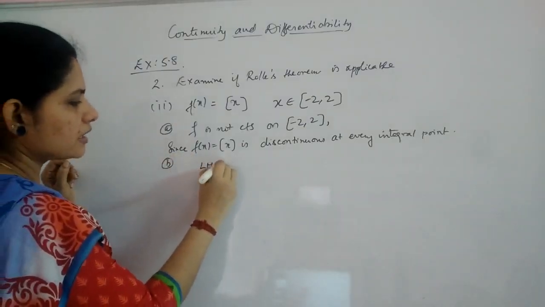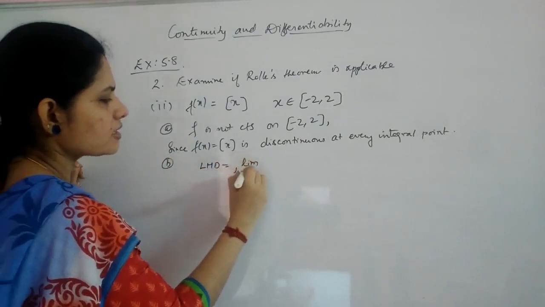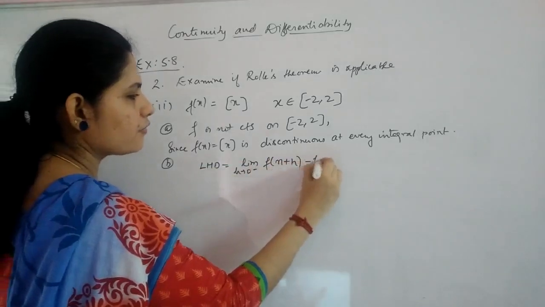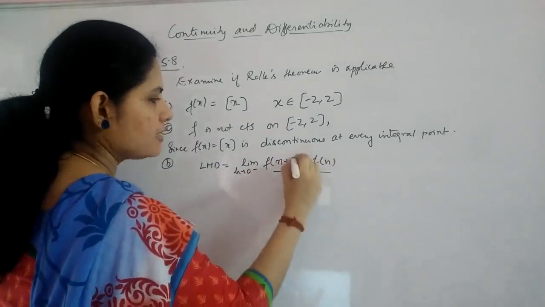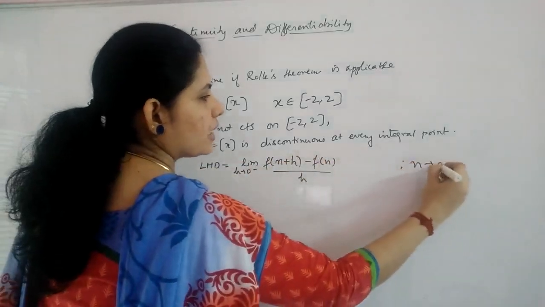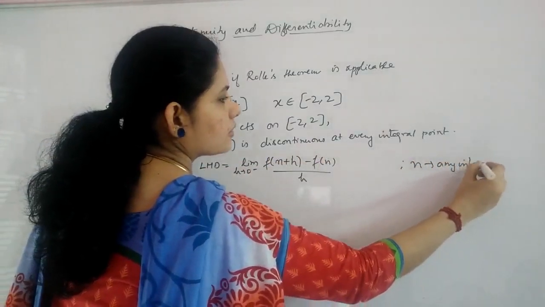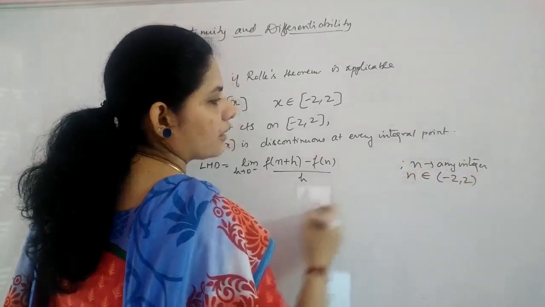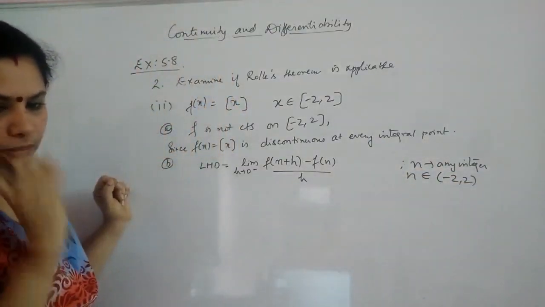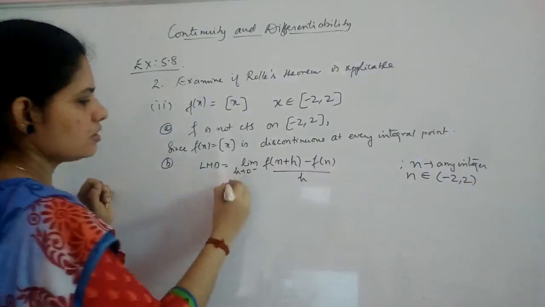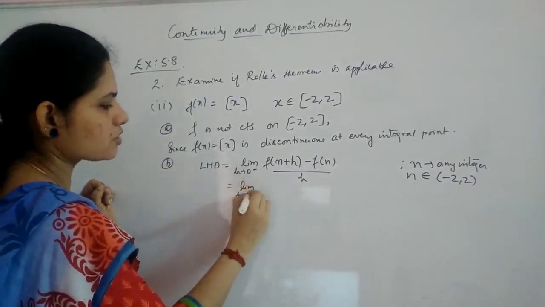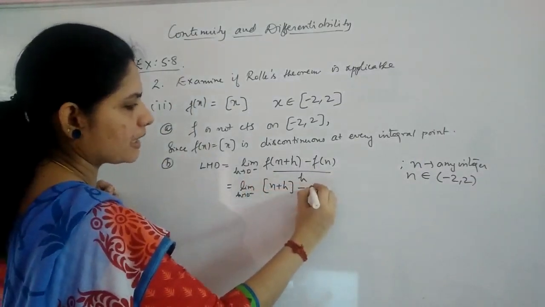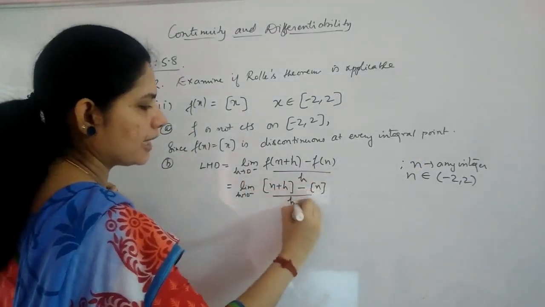You will check for LHD, which is limit h tends to 0 minus of f of n plus h minus f of n divided by h, where you are taking n to be any integer which belongs to open interval minus 2 to 2. So here you will have limit h tends to 0 minus greatest integer of n plus h minus greatest integer of n divided by h.